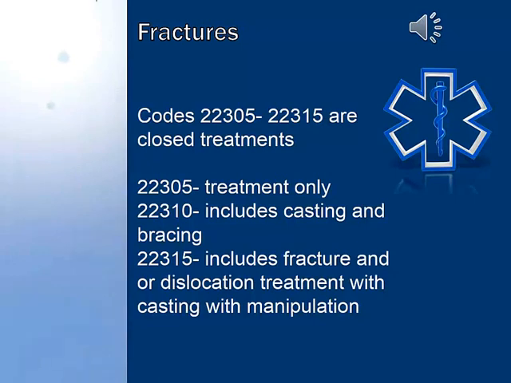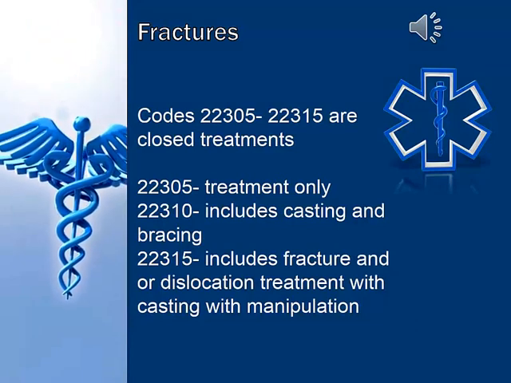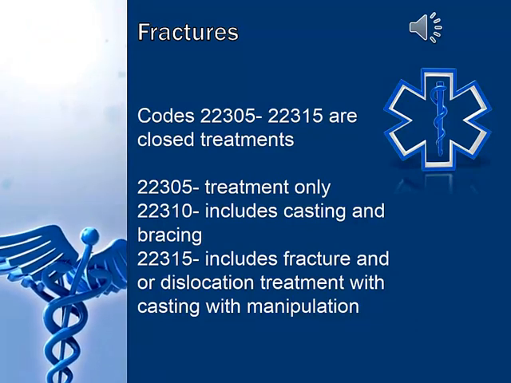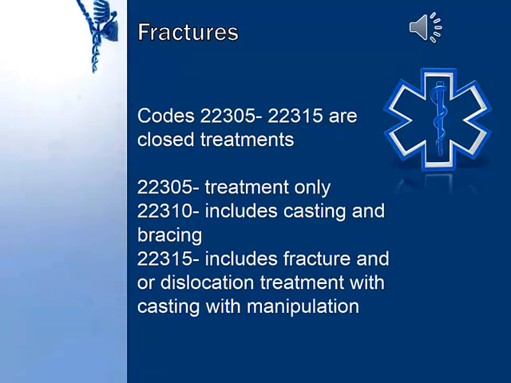For the following codes, when two surgeons work together as primary surgeons performing distinct parts of an open fracture and or dislocation procedure, each surgeon should report his or her distinct operative work by appending Modifier 62 to the procedure code.